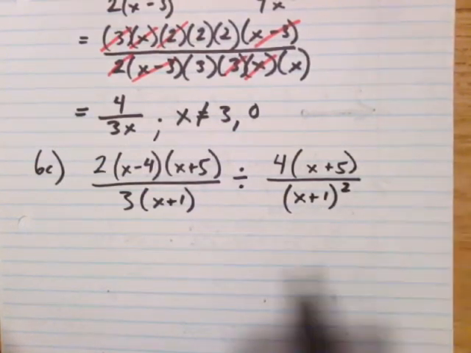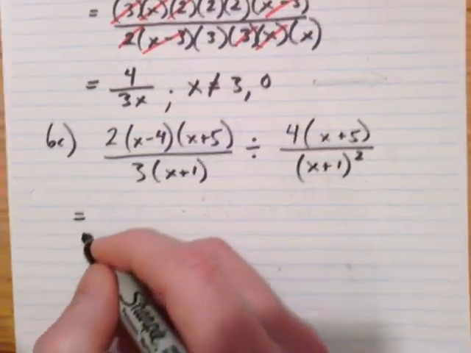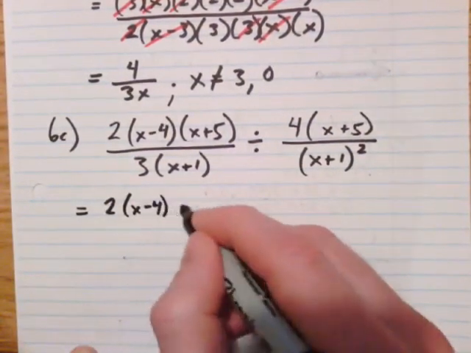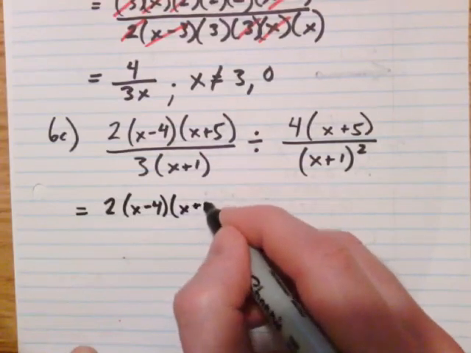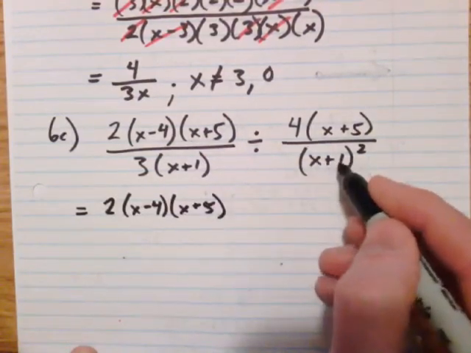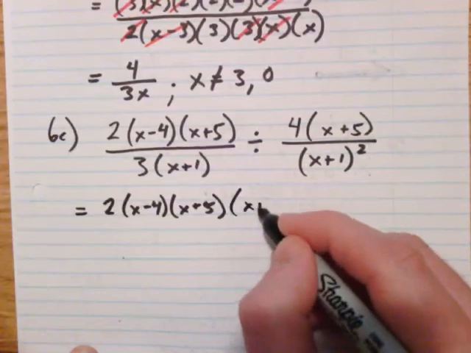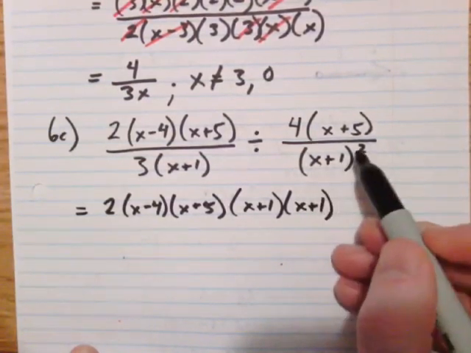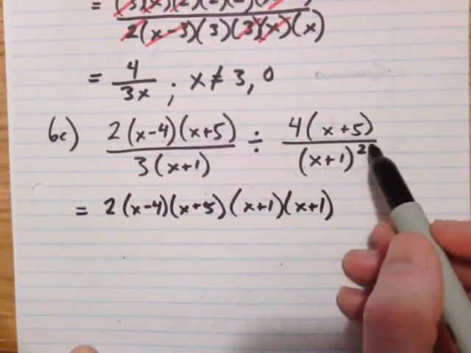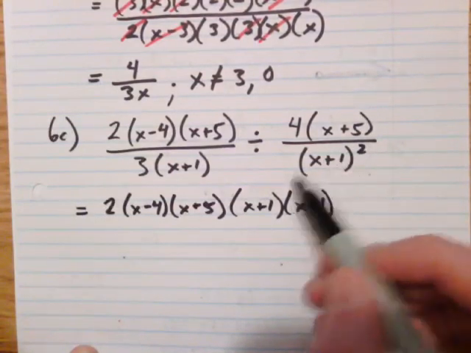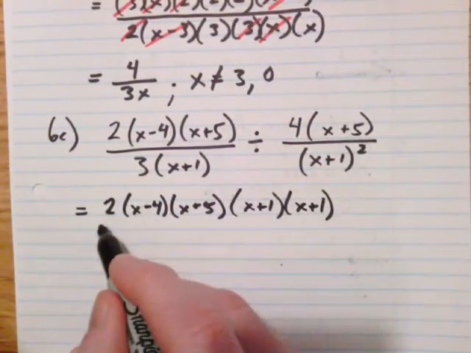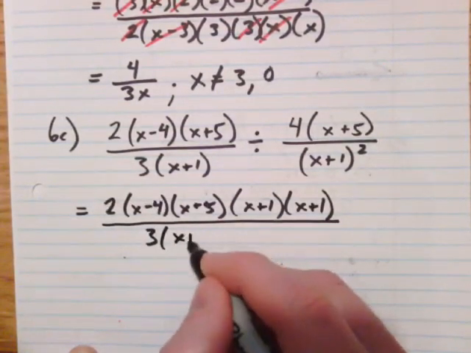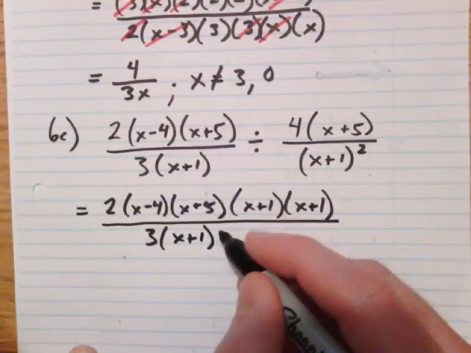You don't have to. Do what works for you. So rewriting this: 2 times x minus 4 times x plus 5. Now the bottom is now on top. x plus 1, x plus 1, because that's squared, right? Sometimes people still think x plus 1 squared is x squared plus 1 squared. It's not. It's not. 3 times x plus 1. 4 is 2 times 2.